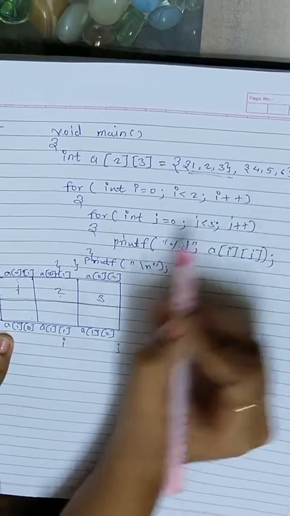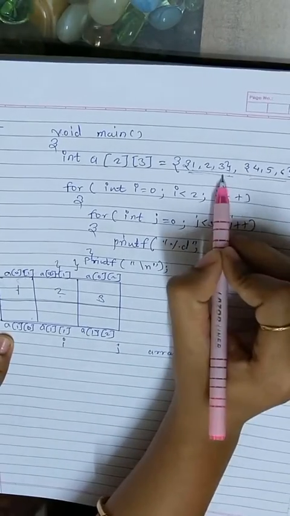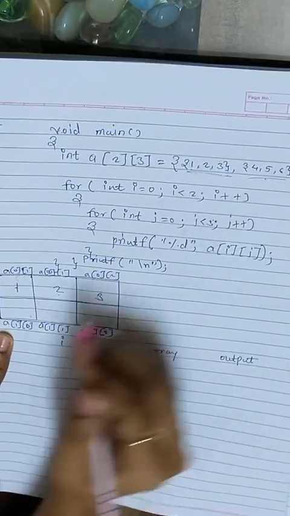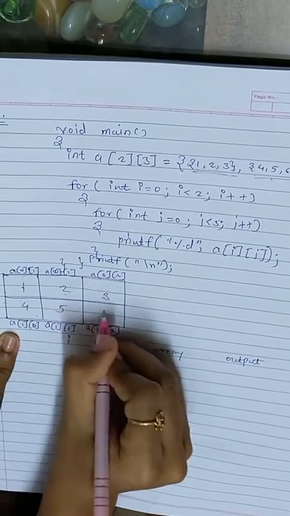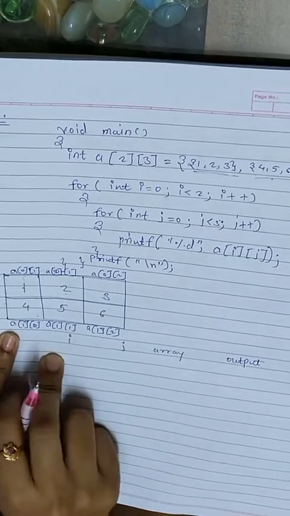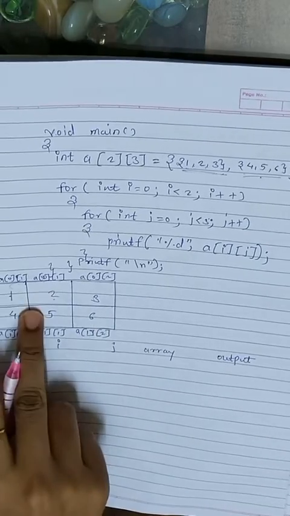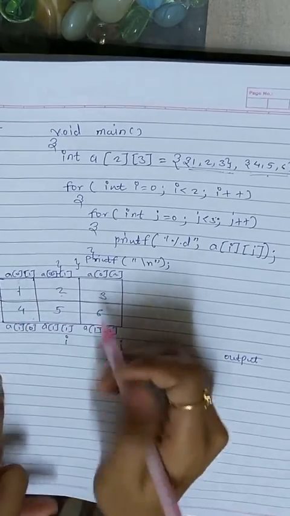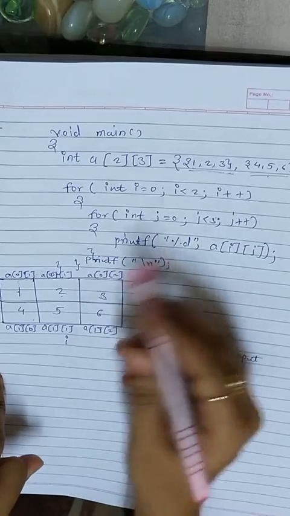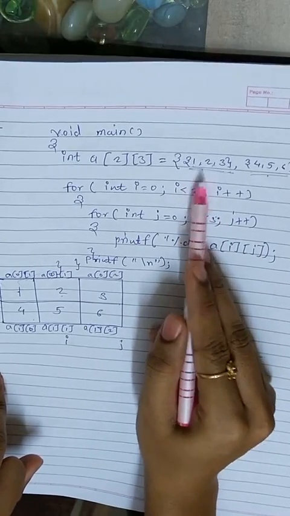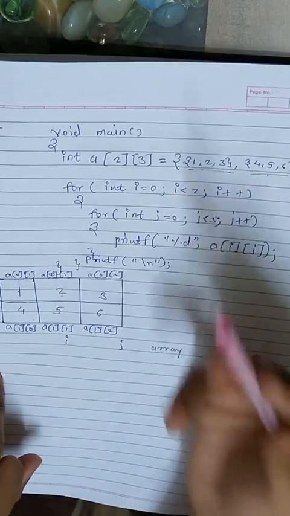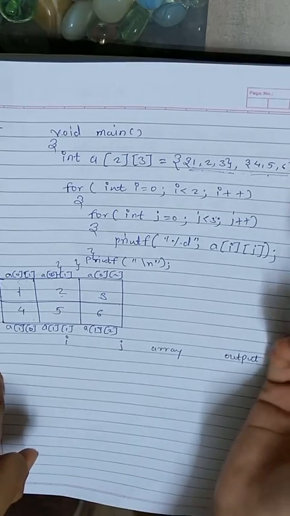The first is for row 0 and the second is for row 1. So 4 5 6. Now the values are already in matrix form. Whatever values we have initialized in the array, we want to print those values.